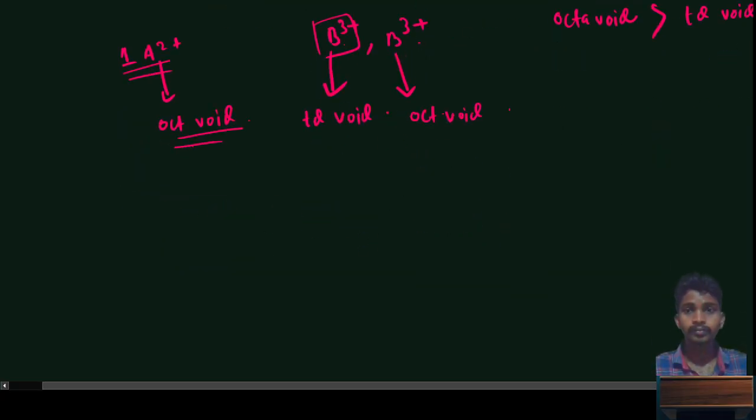Okay, so this will have 1 upon 4, and this is having 1 upon 8, and this will have again 1 upon 4.